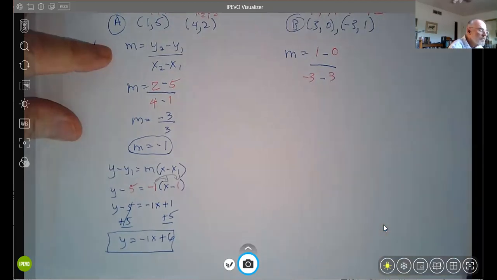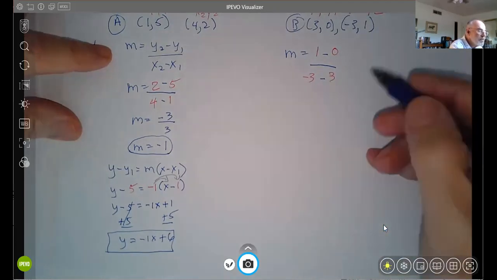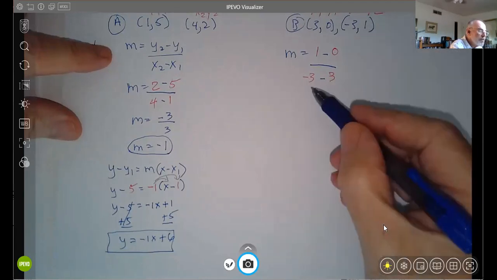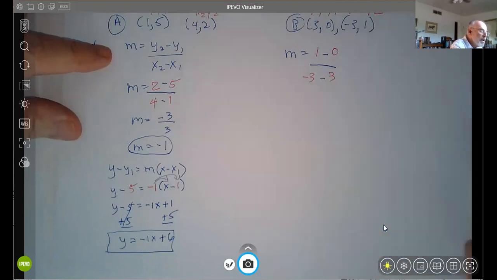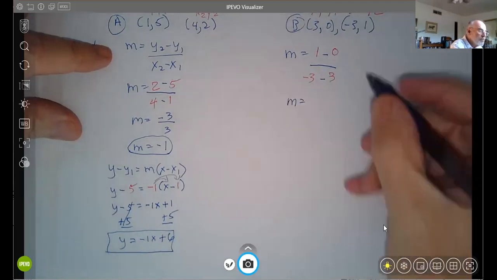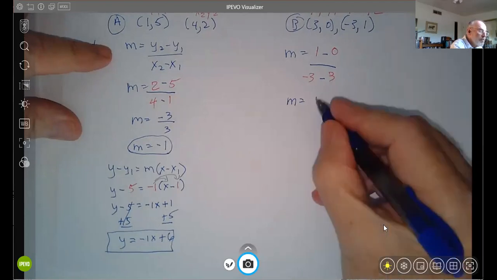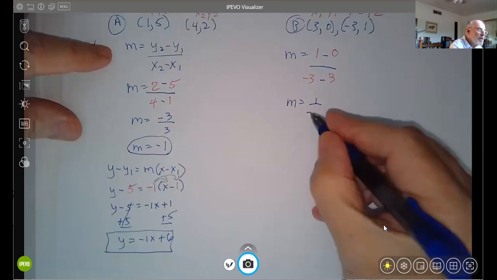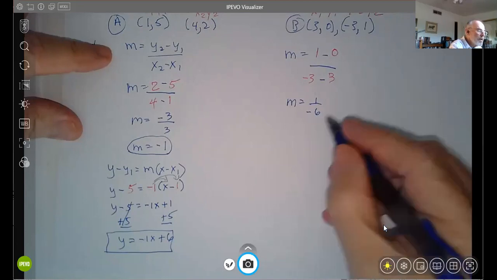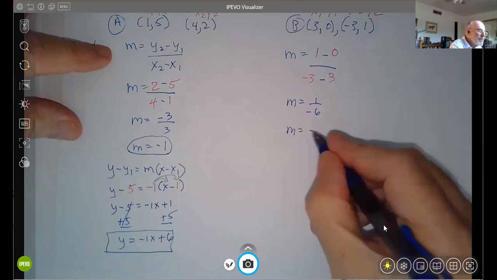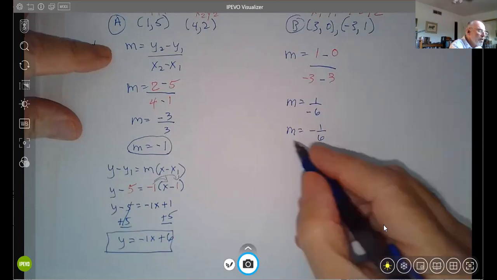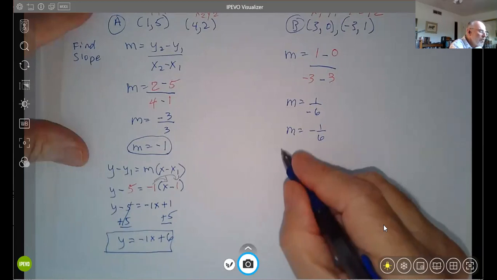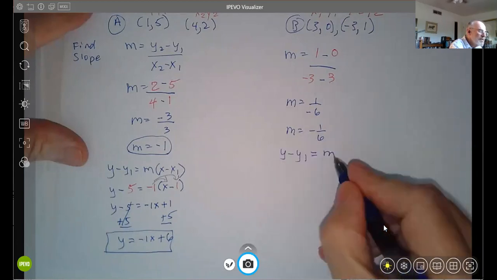Okay, so let's just make sure we got this right. So the x2 is negative 3. Yeah. All right, so this ends up simplifying to m equals 1 over, what is negative 3 minus 3? Well, that's negative 6. Okay? So we end up with a slope of negative 1 over 6. Wait, that is 1 over negative 6. And then we just fill in again the point slope form. So y minus y1 equals m times x minus x1.